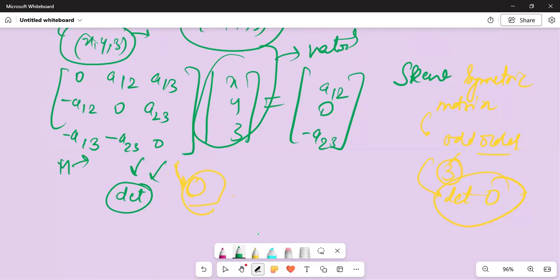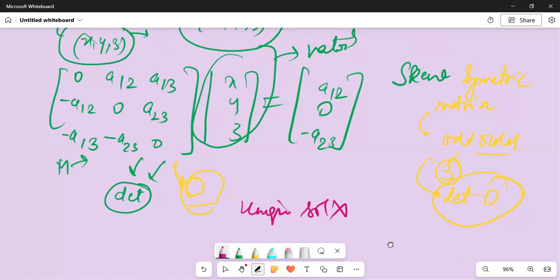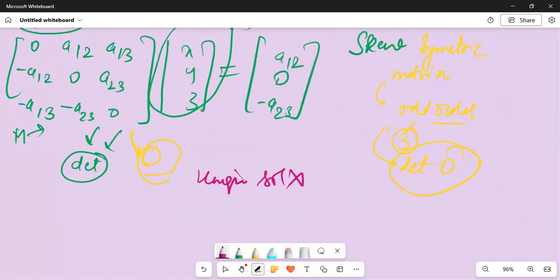That means a unique solution is not possible, because for the solution to be unique we need the determinant of M to be non-zero, so that we can take the inverse of this matrix and easily solve for x, y, z. But this is not happening in this case. We are getting the determinant to be 0.